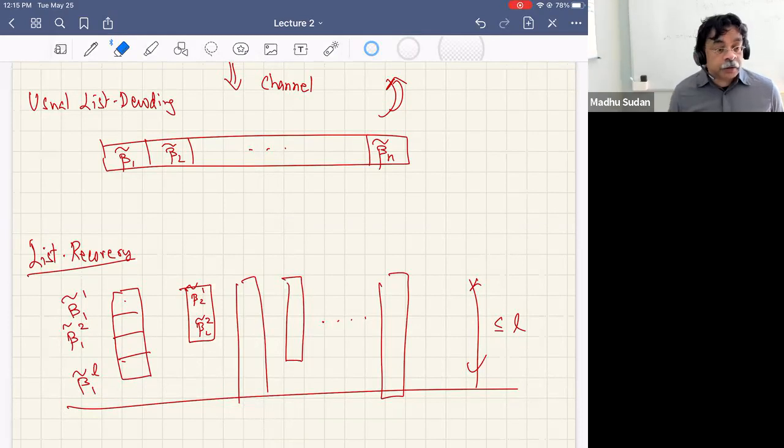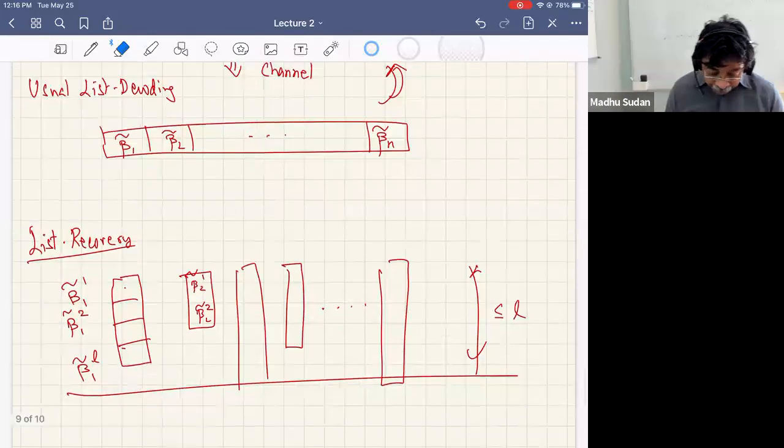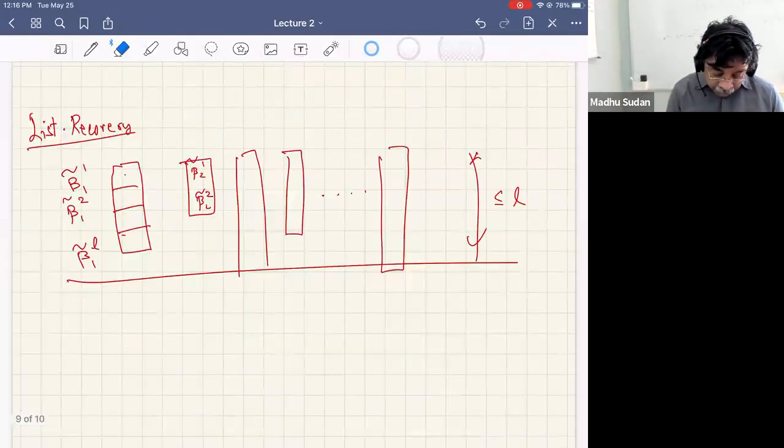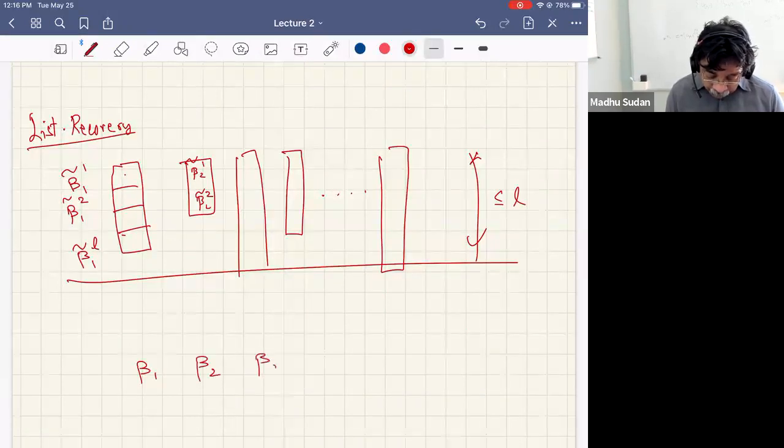In each coordinate, you're given at most L values. Suppose you get a codeword beta 1, beta 2, beta 3, and so on to beta n.